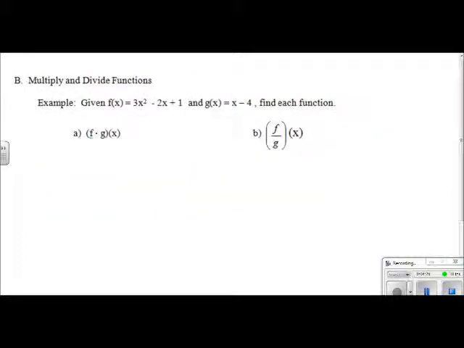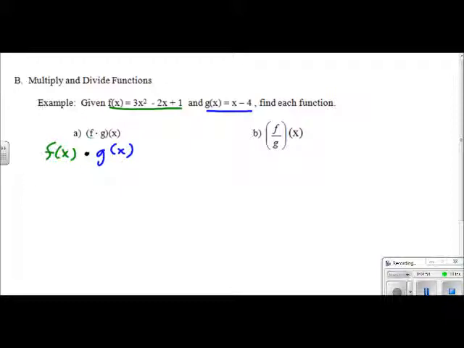And the other two arithmetic operators, if we're doing product and quotient, again, f of x is this one, g of x is this one. So those did actually switch up. If we want f times g of x, we'd have to do f of x times our g of x.